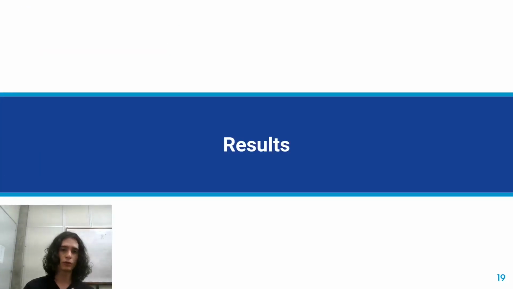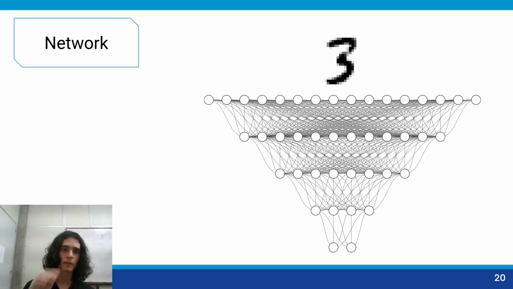Here we show some results of training neural networks locally. We applied it on a regression problem and a classification problem. For the regression problem, we apply it to image reconstruction. So you use here the MNIST dataset, which contains handwritten images of digits from 0 to 9.